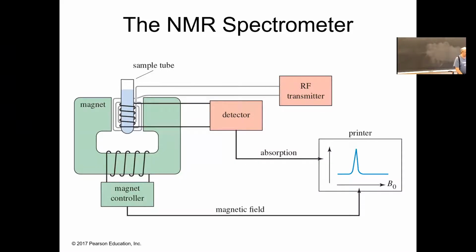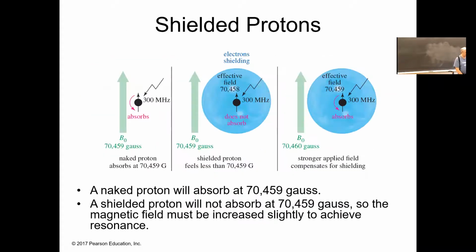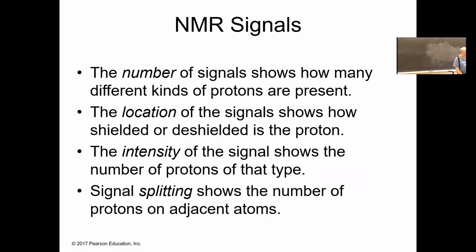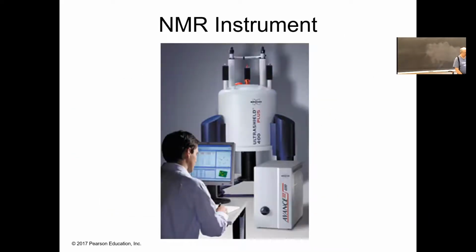The sample is placed in a magnetic field, and when the right energy of radio frequency radiation is absorbed in order to cause a spin flip, then a signal appears. Different electron densities will shield the nuclei to different extents. Okay, with a more powerful magnet, such as a superconducting magnet, you can get better separation, better resolution.